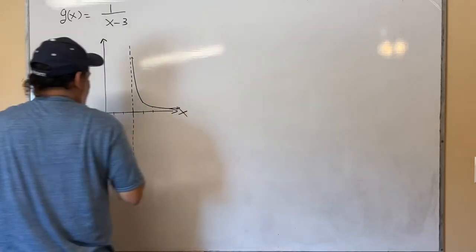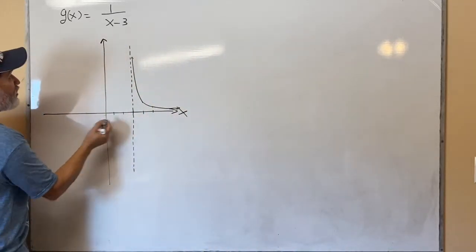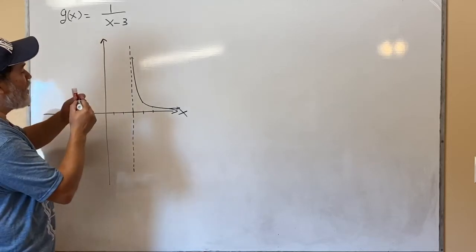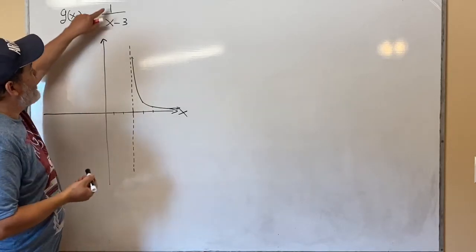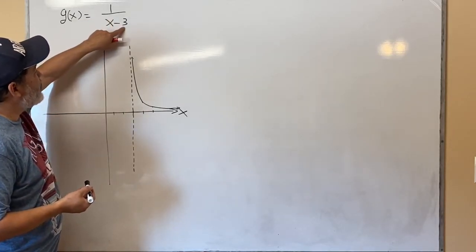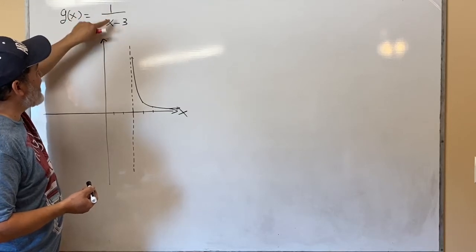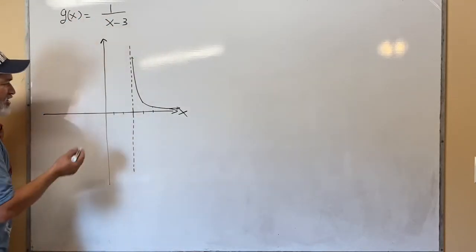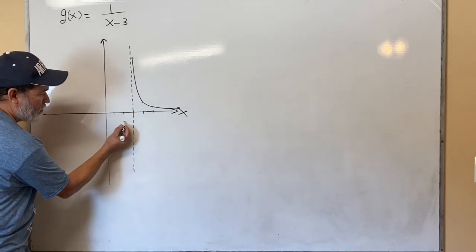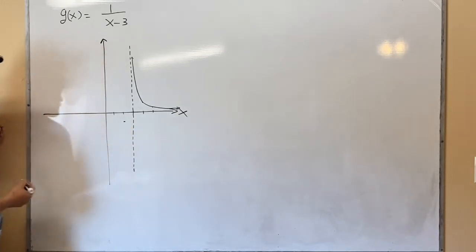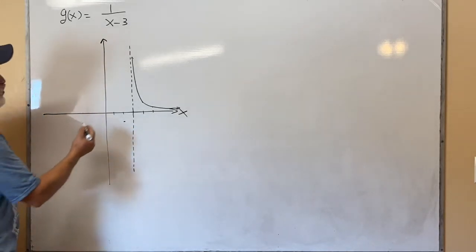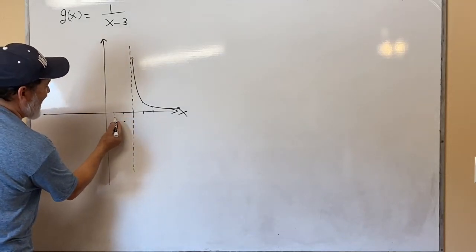At x equals 2, we get negative 1. Look, 2 minus 3 is negative 1. 1 divided by negative 1 is negative 1. At x equals 1, we get negative half.